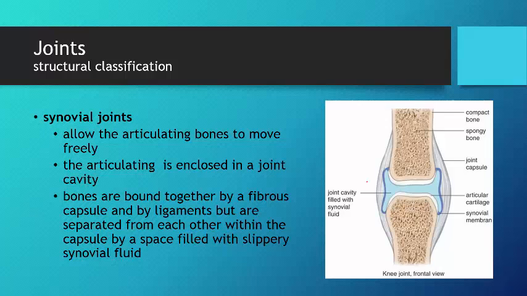And here finally we see that the articulating surfaces are enclosed in a very dense, irregular connective tissue capsule that creates this space called the joint cavity. So here is the joint cavity with its layer of dense irregular connective tissue that surrounds it, and lining it is the synovial membrane.